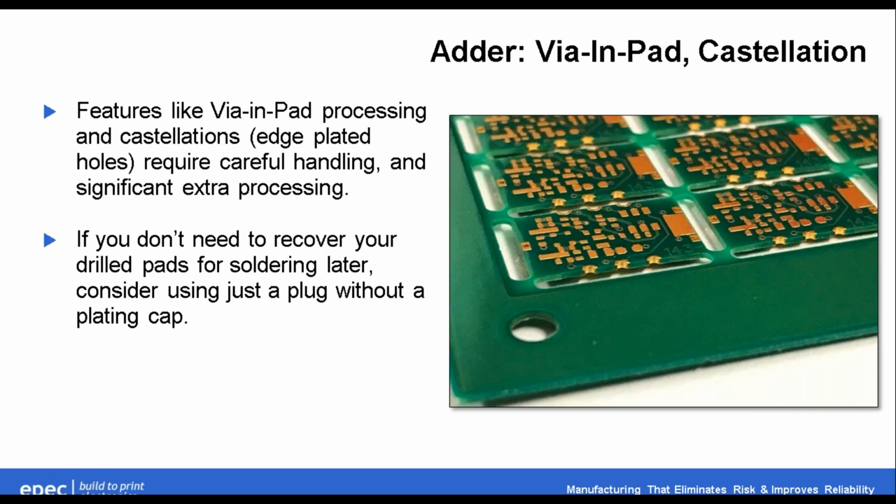Everybody's trying to run as lean as they can, so they carry a good stock of the stuff that they use all the time, and then if they have a need for something else, they do need to special order it. And again, that included things like the high frequency materials and the cores with, say, 1 ounce over 2 ounce copper. Those are classic examples of things that generally aren't in stock.